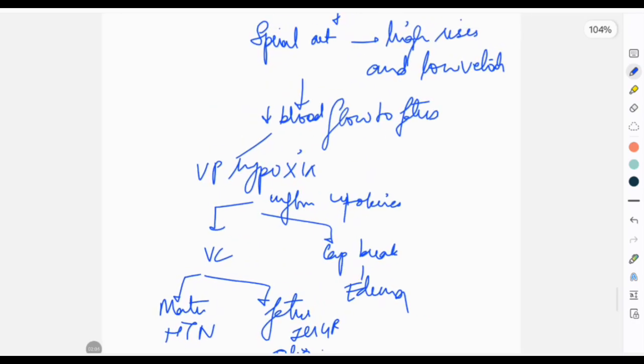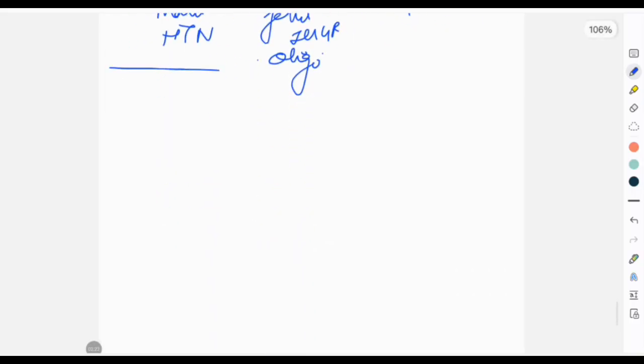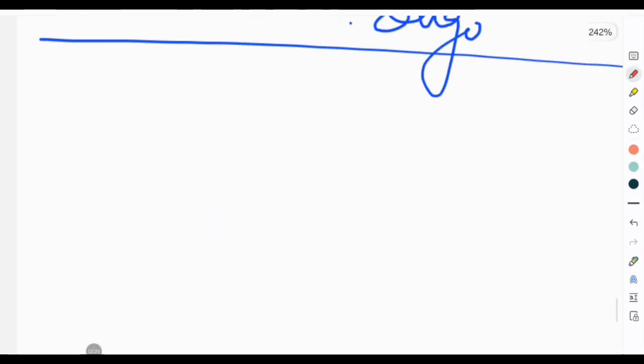Preeclampsia is generally seen in a primigravida, 70% in a primigravida. In the pathophysiology of the uteroplacental bed, premature aging of the placenta is present. So, more points to the pathophysiology.